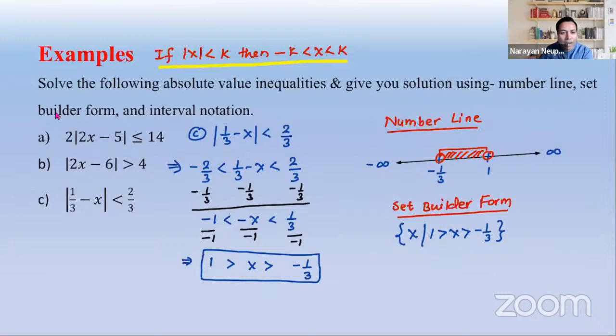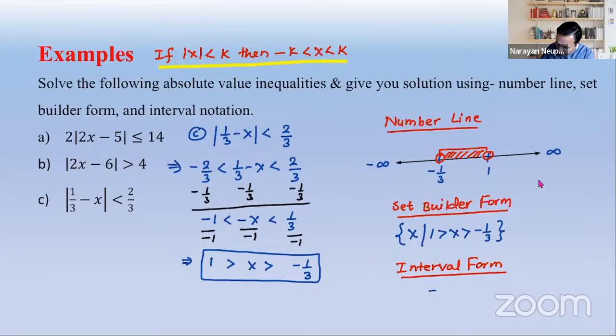And finally, we can write the answer in the third form. I think now the third form is easy for you, interval form. Let's write this down. In interval form, you can see the values are from negative 1/3 up to positive 1.